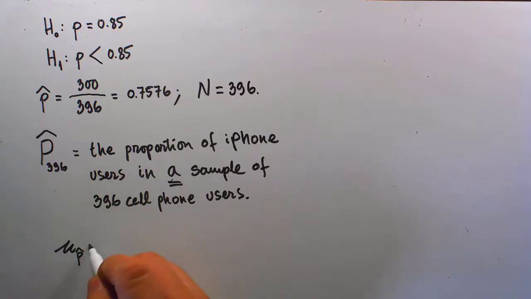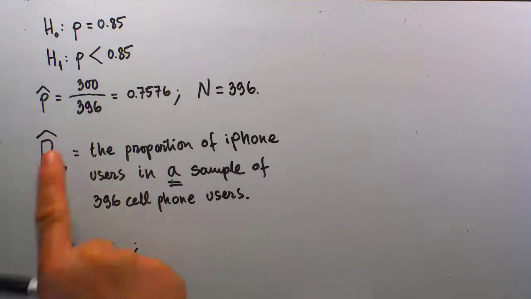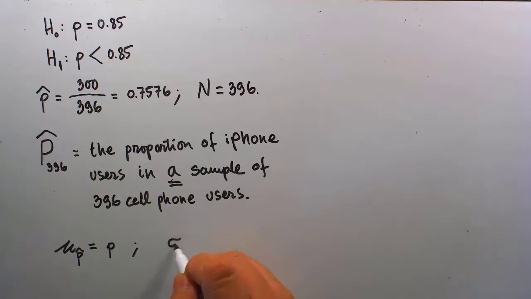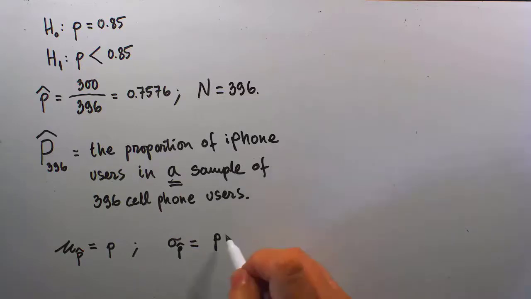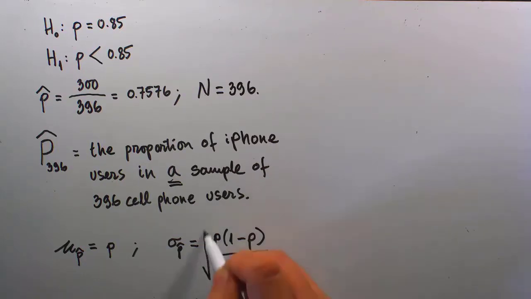The central limit theorem guarantees that mu P hat is equal to the actual population proportion. Further, we know that the standard deviation of all these sample proportion values, sigma P hat, will be equal to the square root of the known population proportion P multiplied by 1 minus P, divided by the sample size.